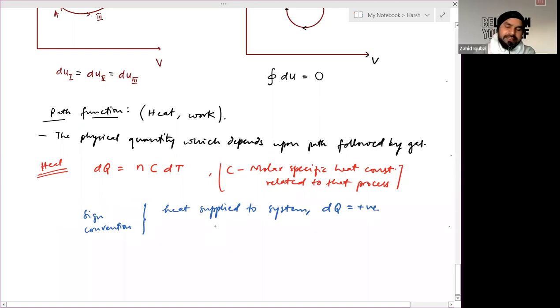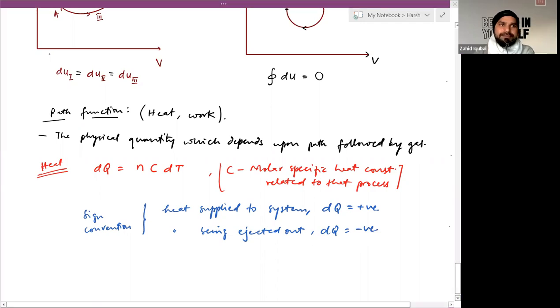And if heat is being ejected out, then dQ will be negative. Harsh, is it clear? Yes, sir.